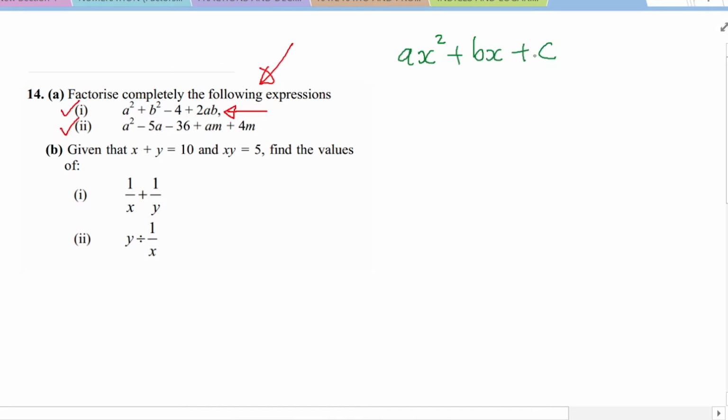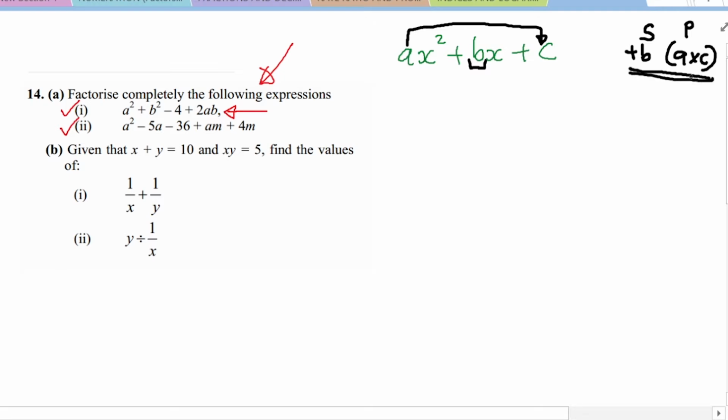And when we are trying to factorize a quadratic using the factorization method, we look at the coefficient of x here, which is b, and we want to find two numbers that when we add them, give us a sum of b, and when we multiply those two numbers, give us a product of a times c. We remember this, right?